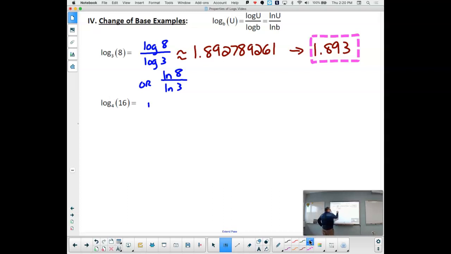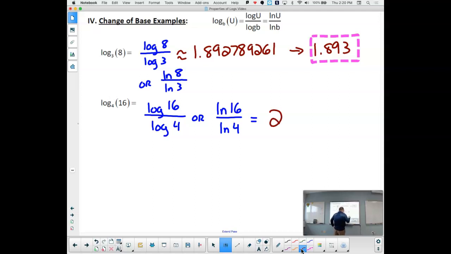You could say log base 10 of 16 divided by log of 4, or the natural log of 16 divided by the natural log of 4, and that's going to get you 2 in both cases, provided you close off parentheses after each. So after the 16, you would close a parentheses, and after the 4. Okay?